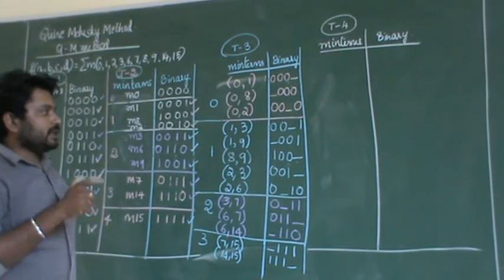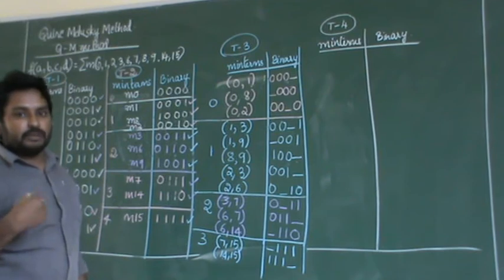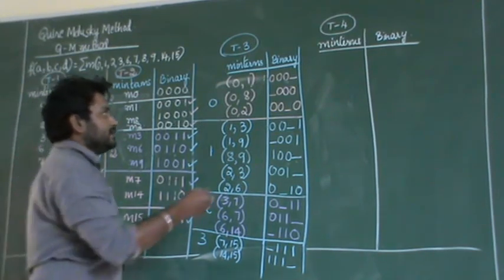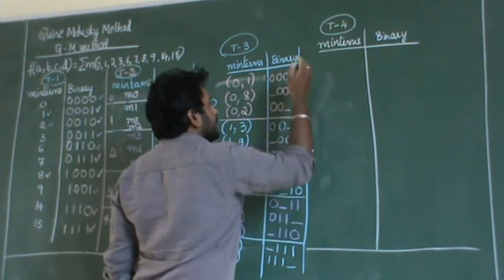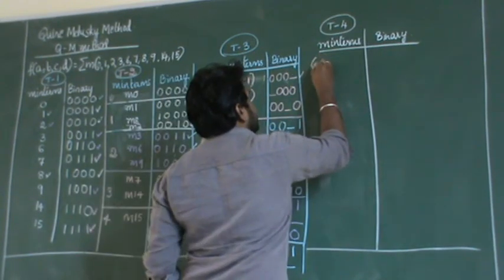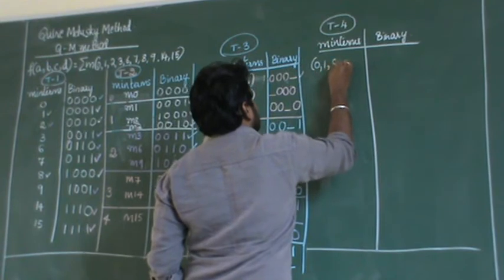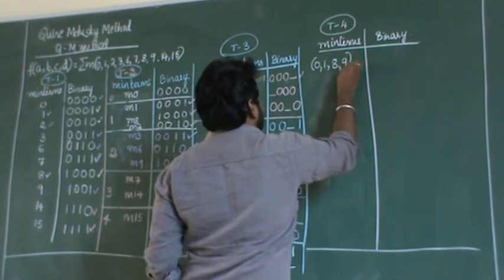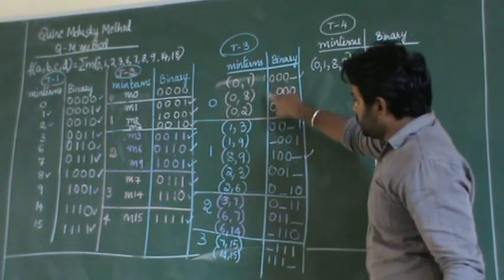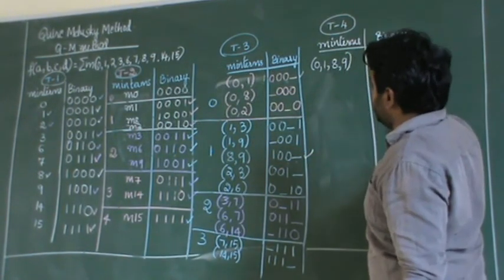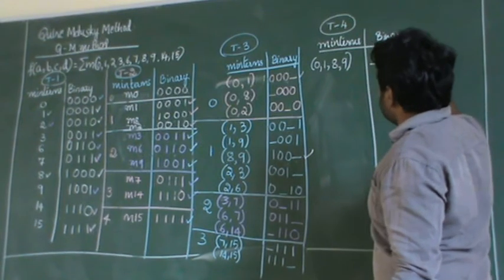So all 3 positions are same, only the single bit is getting changed. Therefore I can consider 0, 1 with 8, 9. So write it as 0, 1 with 8 and 9. At that time, 0 is getting changed to 1, so I put a dash here and double 0 dash.